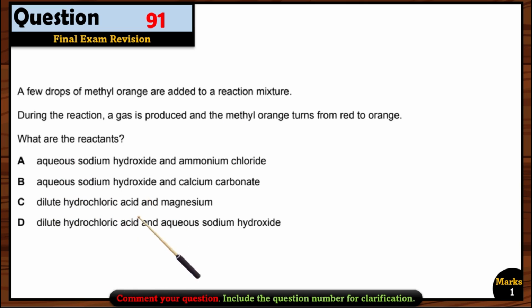So option C or D can be right. And then we have magnesium because they say a gas is produced. Only when the HCl reacts with the metal will it produce a gas, that is H2. But if the HCl reacts with sodium hydroxide, we will not get a gas. We will just get a salt and water. So that's why option C is the only right option here. So option C is correct.